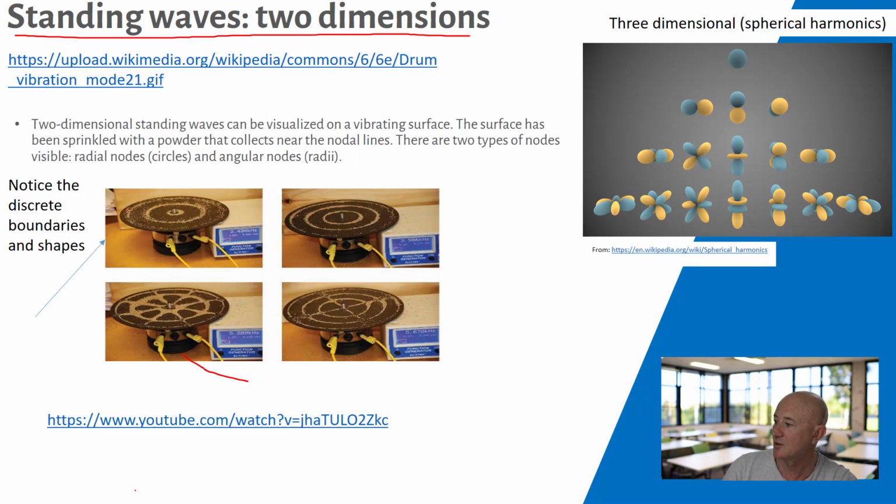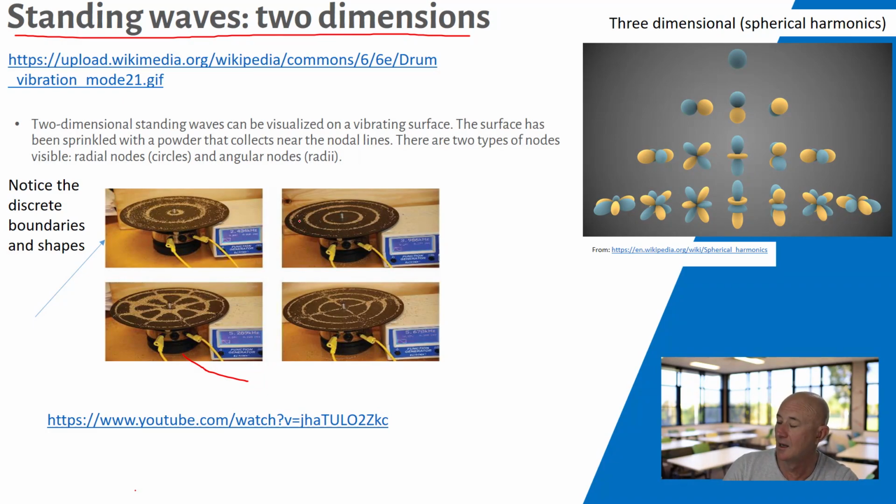So in 2 dimensions, if I've got a flat plate like this, and I sprinkle some sand or powder on it, and then make it a vibrating plate, and I can change the integral frequencies in that vibrating plate, I can start to see these standing waves being produced. And of course, they're only going to occur at integral frequencies.